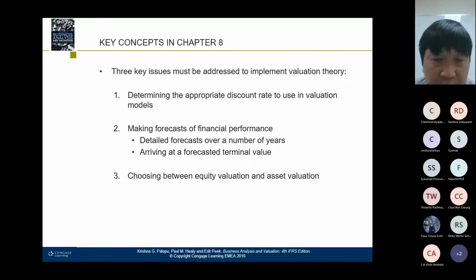So you have to tell yourself what is your terminal value. Okay, so there are four factors. I repeat that again: future cash flow, discount rate, time periods, and terminal value.